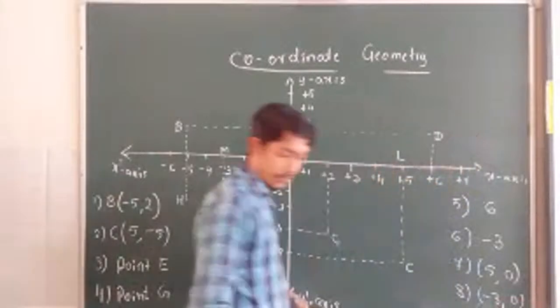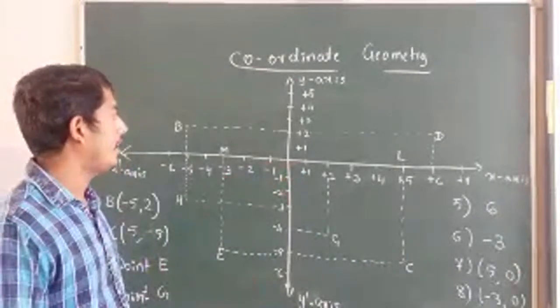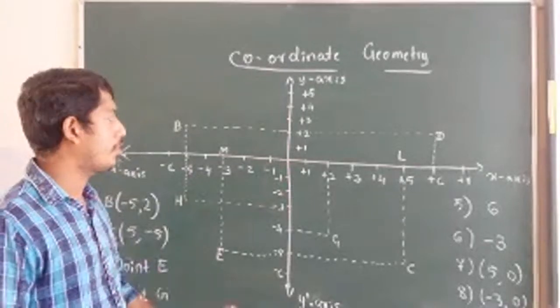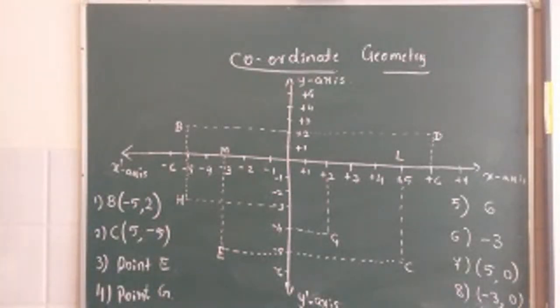Minus 3, 0. 5, 0 is the point L, and minus 3, 0 is the point M. Just look at the answer and verify your answer. Yes, minus 3, 0 is the correct answer.